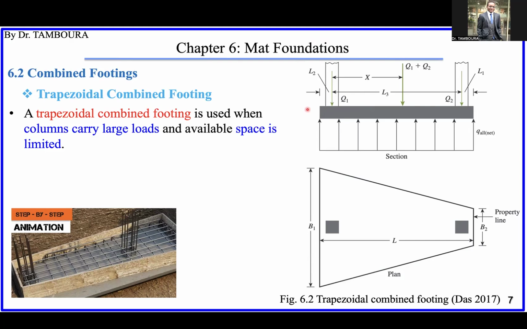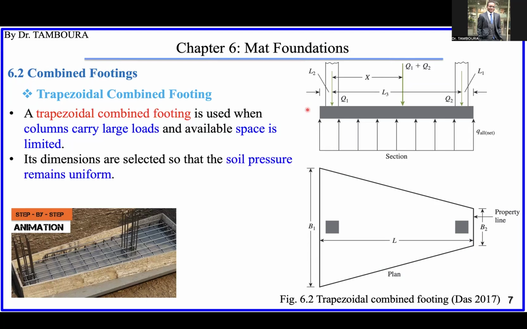Maybe the property line is limiting the space and we cannot enter the neighbor's space to build our foundation. So the dimensions are selected in a way that the pressure remains uniform under the footing. We want the uniform pressure.